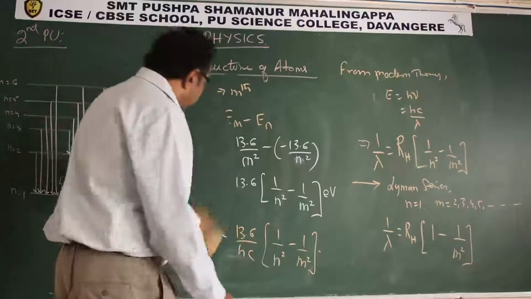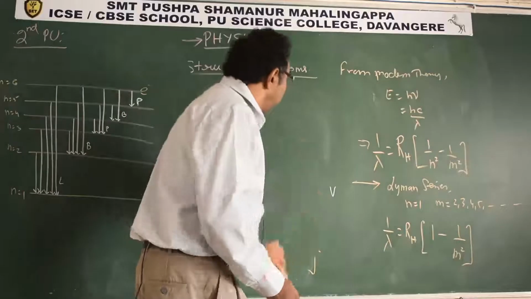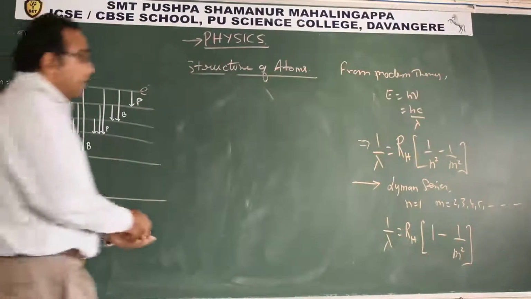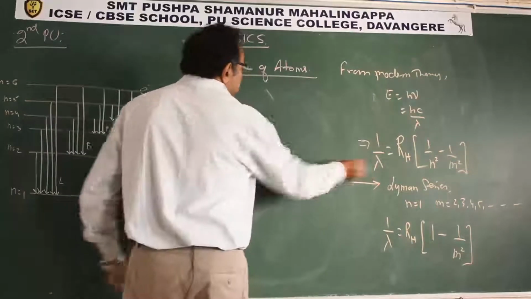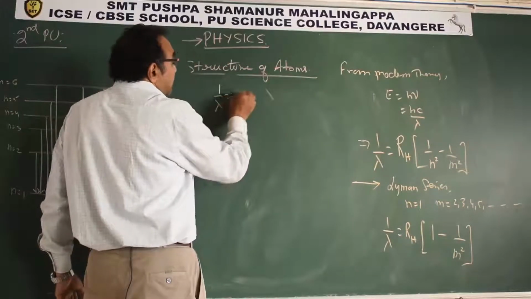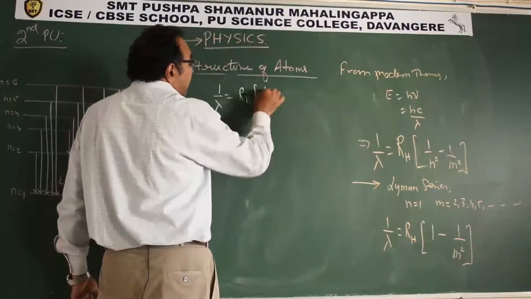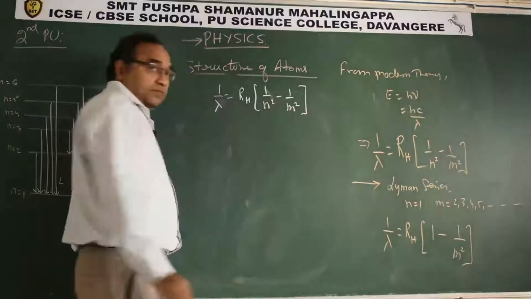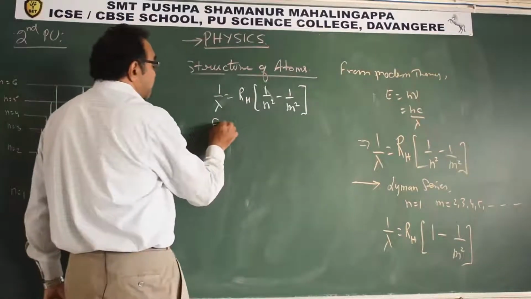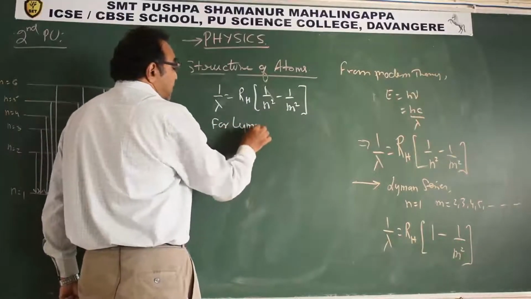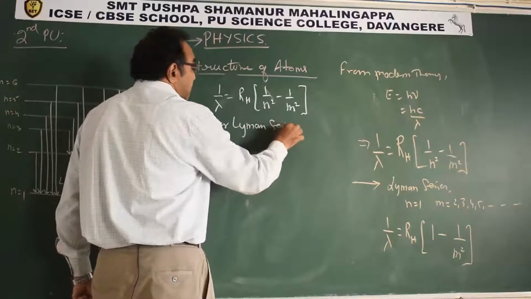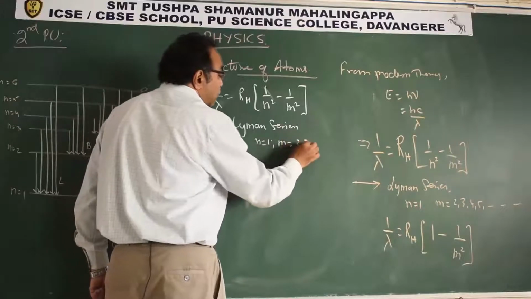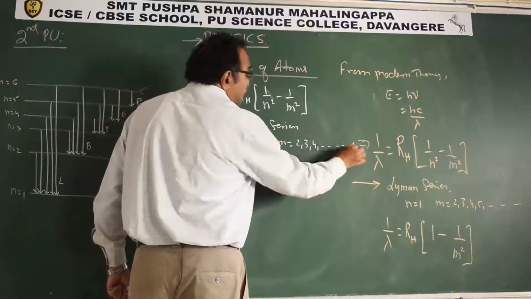In order to identify the longest and the shortest wavelength, we need to understand the equation properly. See here, this equation, 1 by lambda equals Rydberg's constant into 1 by n square minus 1 by m square. For Lyman series of lines, n will be 1 and m will be 2, 3, 4 like this up to infinity, correct?